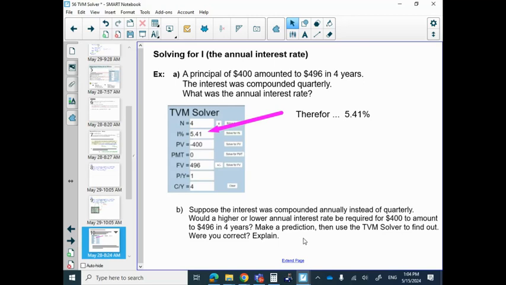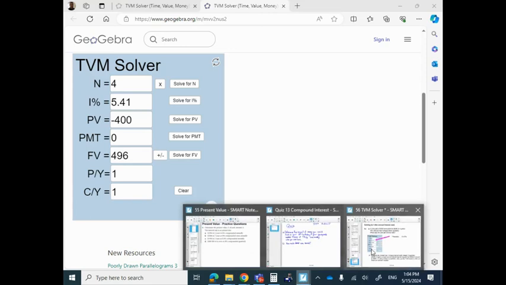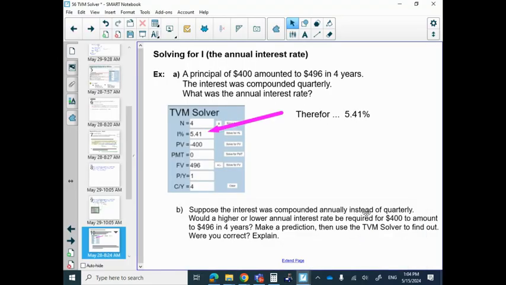Make a prediction and figure it out. So if we're compounding annually instead, that's less often, and so you're going to need more interest, a higher interest rate. And then solve it. So if we change the compounding period per year to just be annually, what interest rate would we need to have that same result?